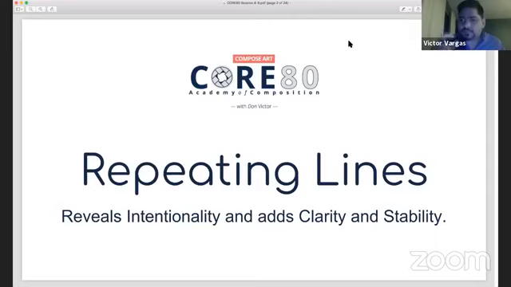It has more stability. So that's what a repeating line is going to give you. It's going to really reveal the intentionality, the clarity, and the stability in a piece, okay? And by saying in a piece, really what I'm talking about is in that story, okay? Because line is design, and design is storytelling.